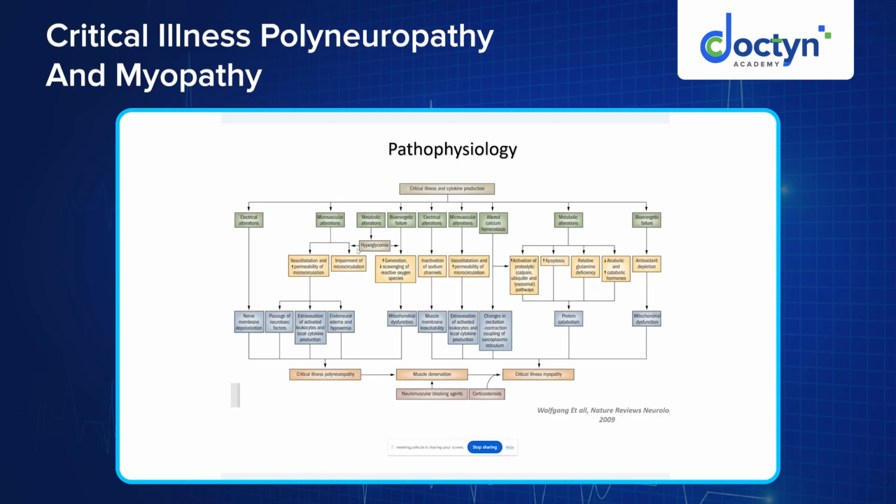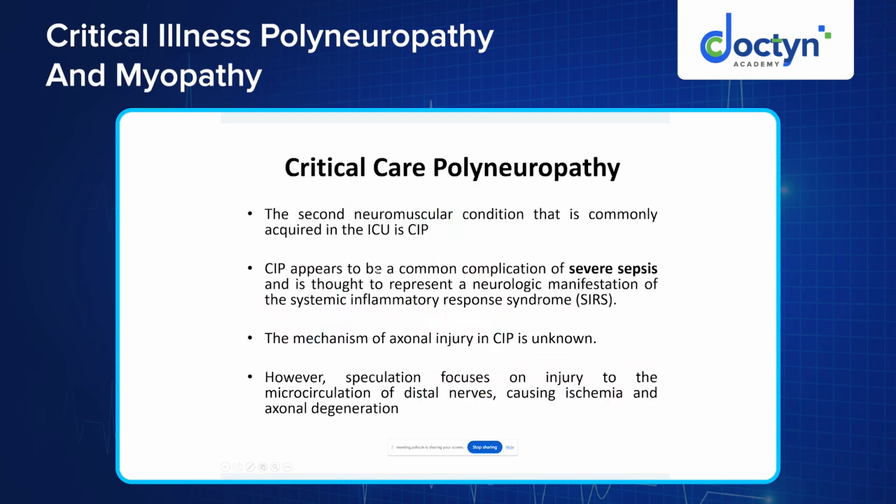Along with this, if the patient is on neuromuscular blocking agents or corticosteroids, that also triggers muscle denervation and critical illness myopathy. So this is the overall pathophysiology that leads to CIP or CIM in a critical care patient.